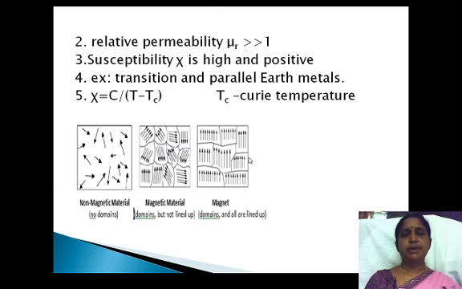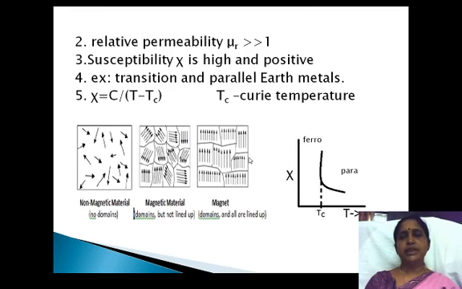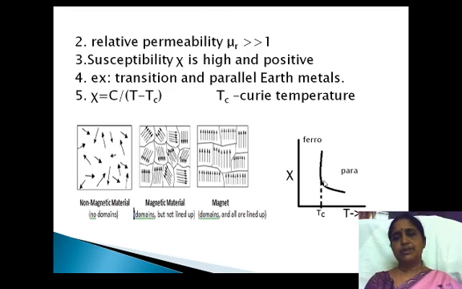Chi is equal to C by T minus Tc, where Tc is the Curie temperature. Here, as temperature increases, susceptibility decreases. At a particular temperature, ferromagnetic materials become paramagnetic materials. That temperature is called the Curie temperature.